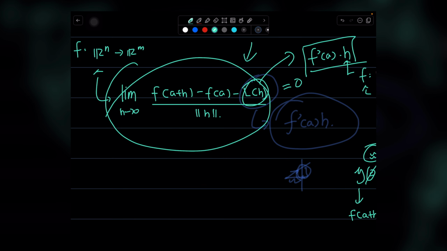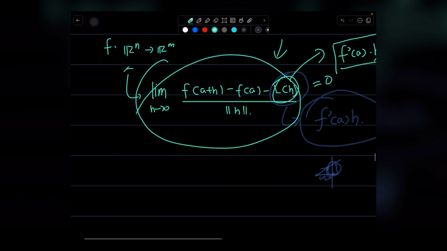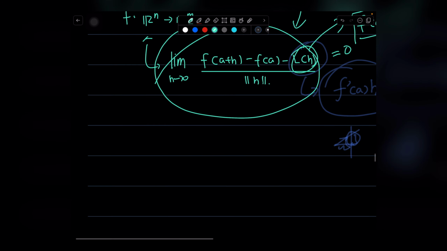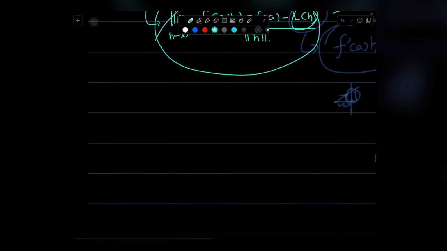So what is linear approximation? Well, when we are dealing with a nonlinear function, it is very hard for us to manually calculate the value of that function. For example, suppose you want to calculate this.